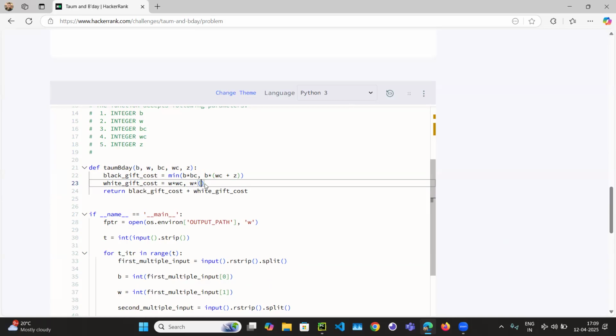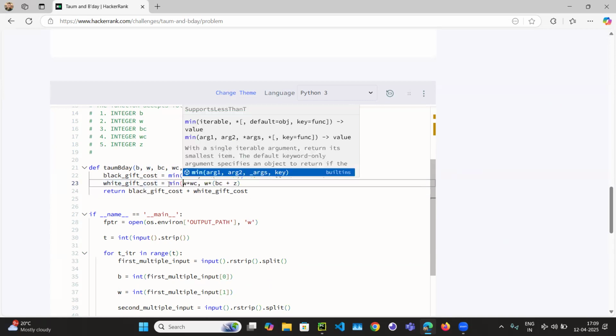The shopkeeper says okay, but because I am giving you the black boxes, you have to pay me the black box cost, and the unit remains the same. Along with that, you have to give me the extra conversion cost. So B star BC plus Z, extra conversion cost.